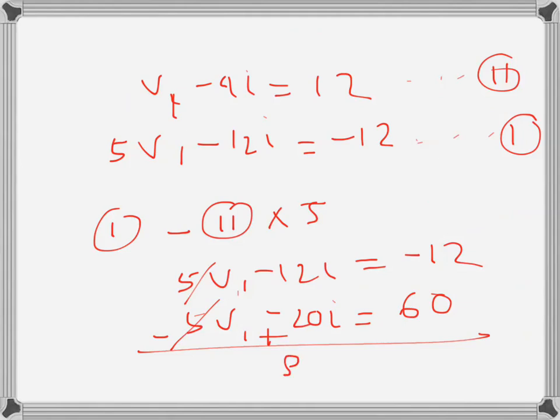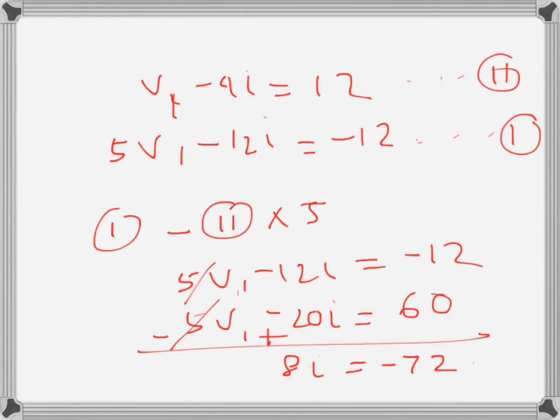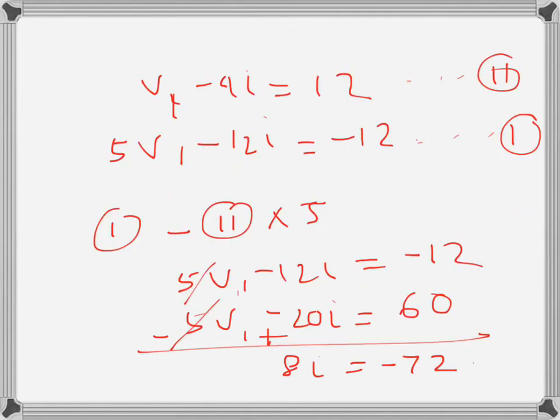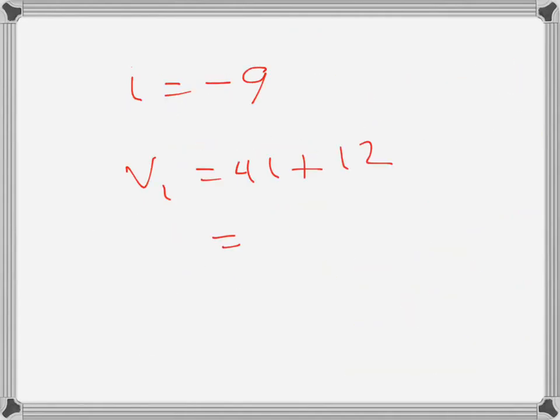This will become 8i here, and that's negative 72. So i is minus 9, so we have V1 is equal to 4i plus 12. That's minus 36 plus 12, which is minus 24 volts. So we have i as minus 9 ampere, V1 as minus 24 volt.